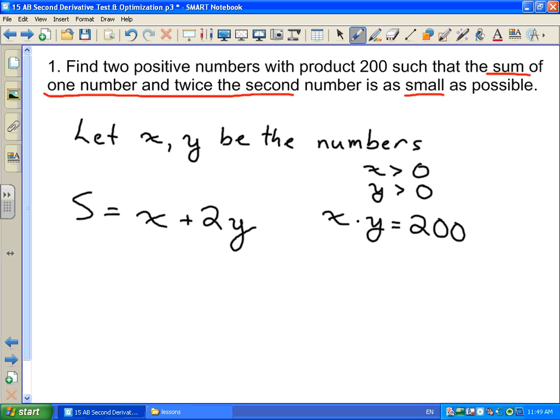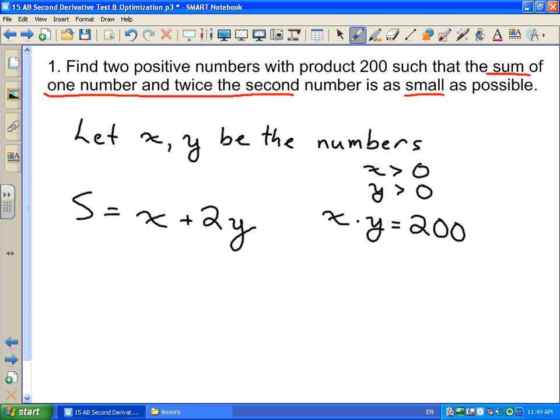Okay? So we've got the thing that we want to optimize, our sum here, and we've got this other relationship between x and y. If we're going to take the derivative of this, we don't want to have two variables in here. So we want to express this as one variable. So let's express this whole thing in terms of x.